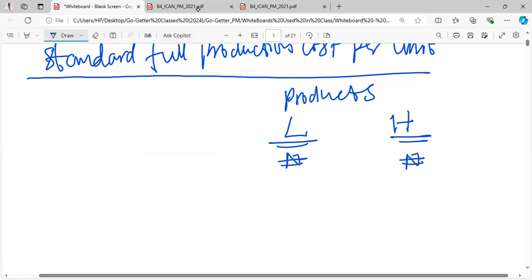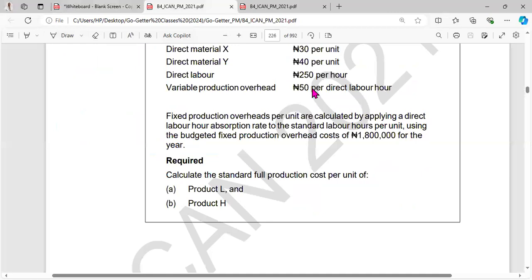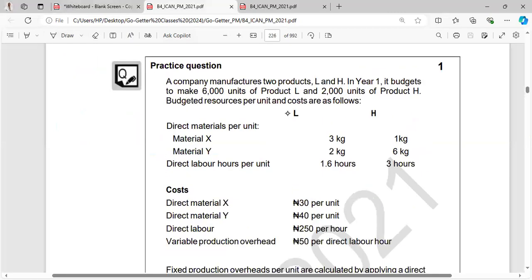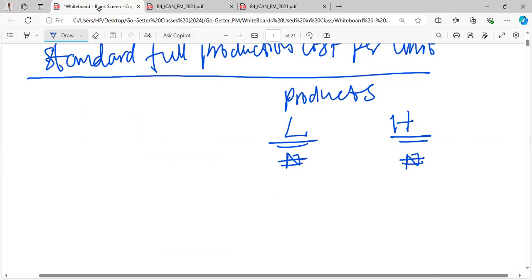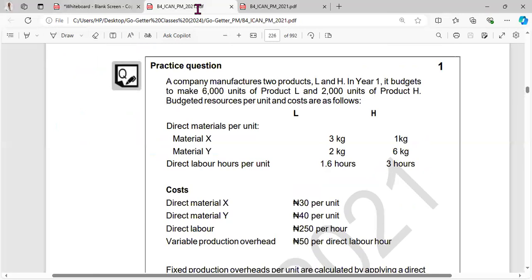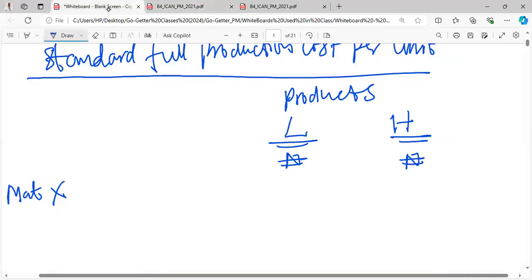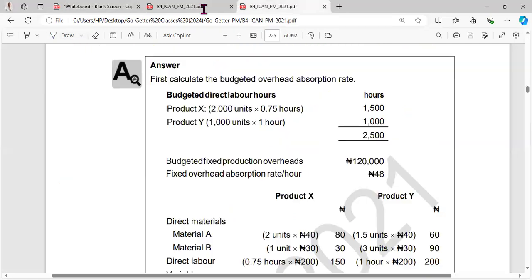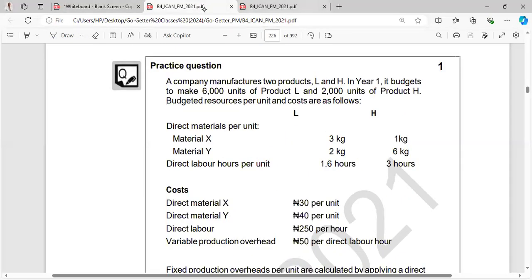Then I will say the first one is material X. So what is all about material X? This is 3 kg, 1 kg. All right. How much did we buy it? So I can come here and say, open a bracket, 30 naira multiply by this 3 kg, this is 1 kg.